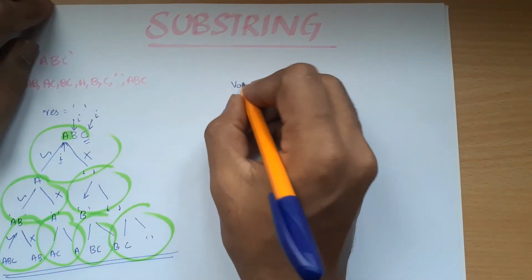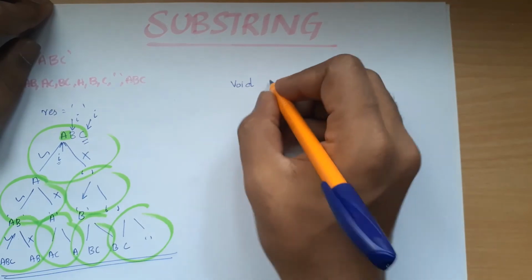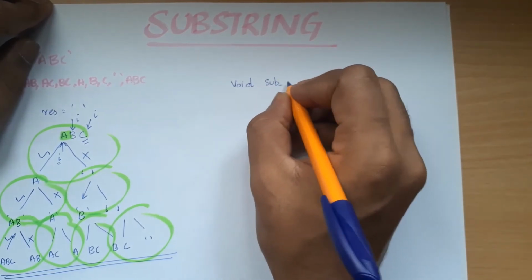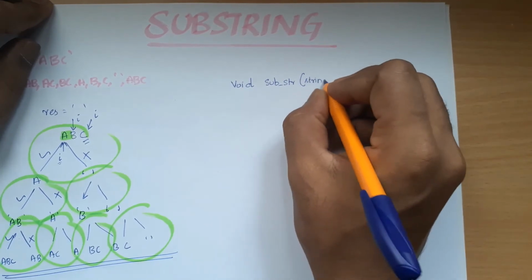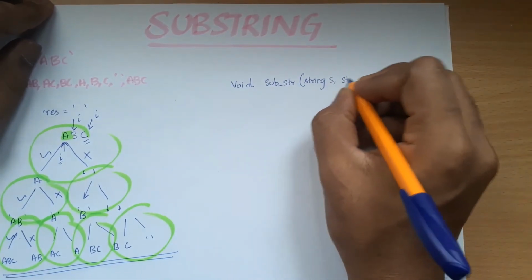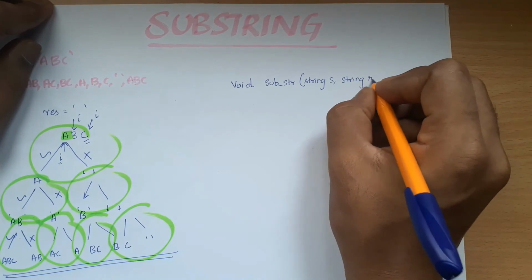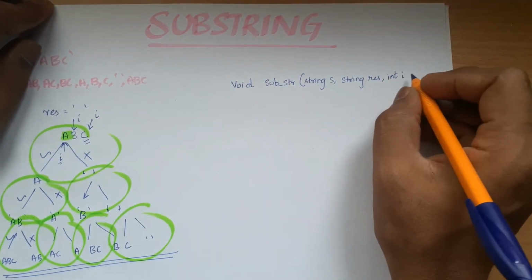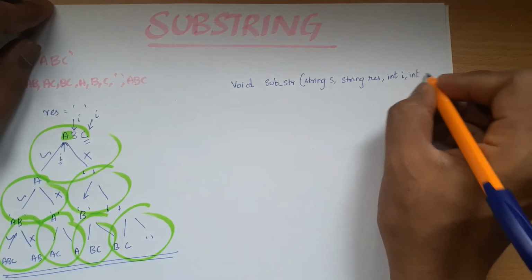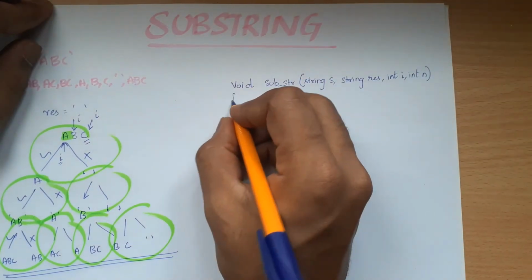What is our function going to return? We're not returning anything, so it's void, and we'll name the function substring. Let's say the parameters are string S and string result, and initially we need an iterator I, and the length of the string N. These are the parameters that we will require.